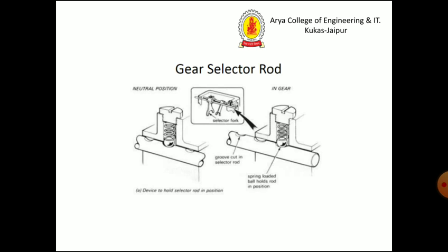This is the device to hold the selector rod in position for the neutral position, and when it is in the gear positions, the spring loaded balls hold the rod in position.